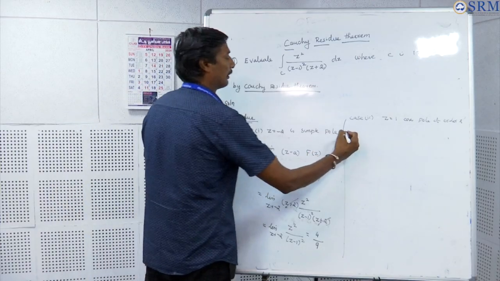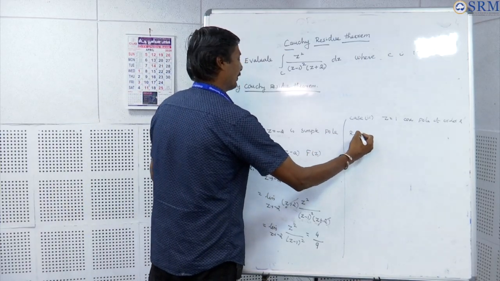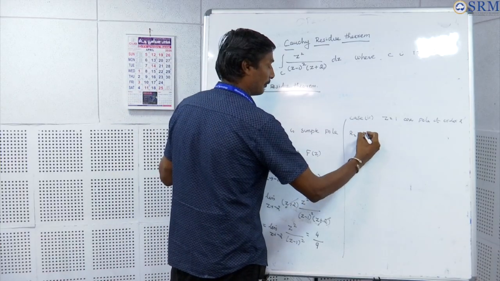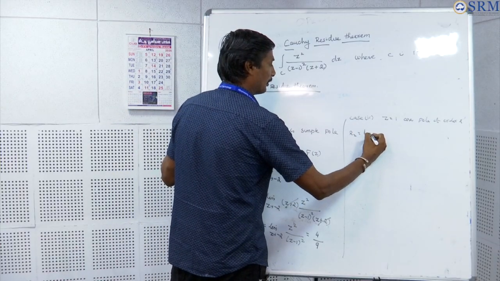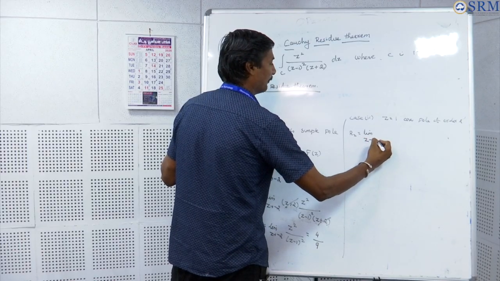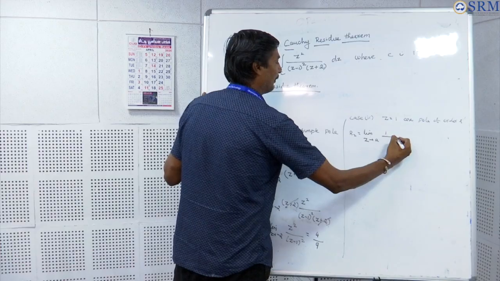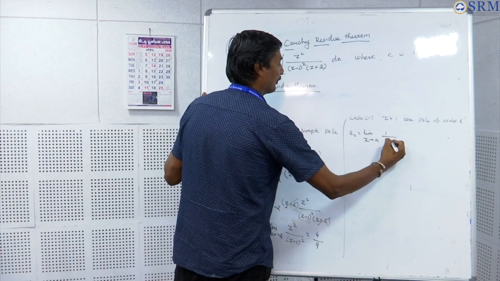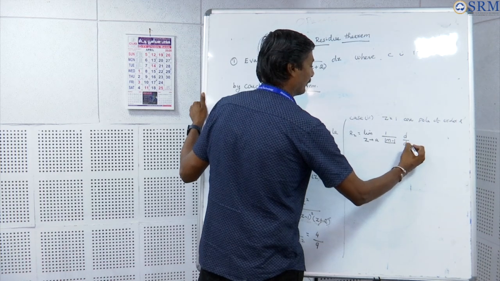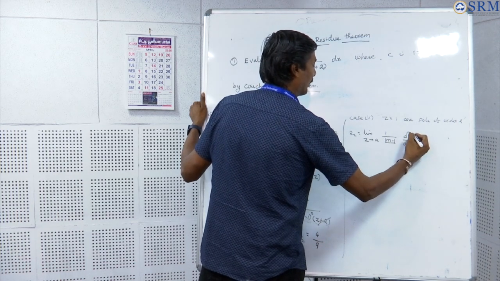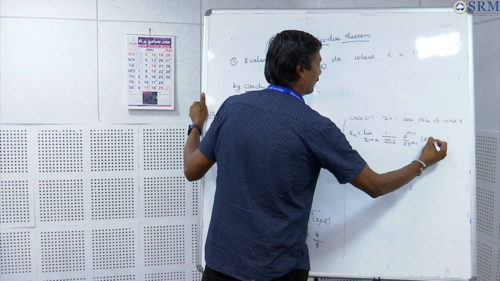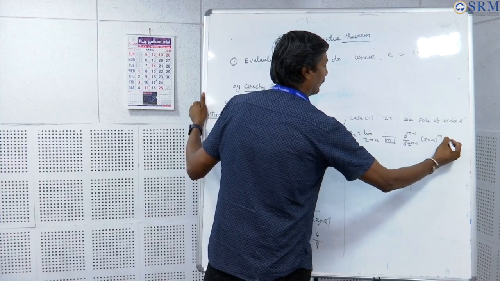You take the residue R2. For order 2, not a simple pole, you write the general formula: limit z tends to a of 1 divided by factorial (m minus 1) into d by dz whole power (m minus 1) of (z minus a) power m into capital F of z.